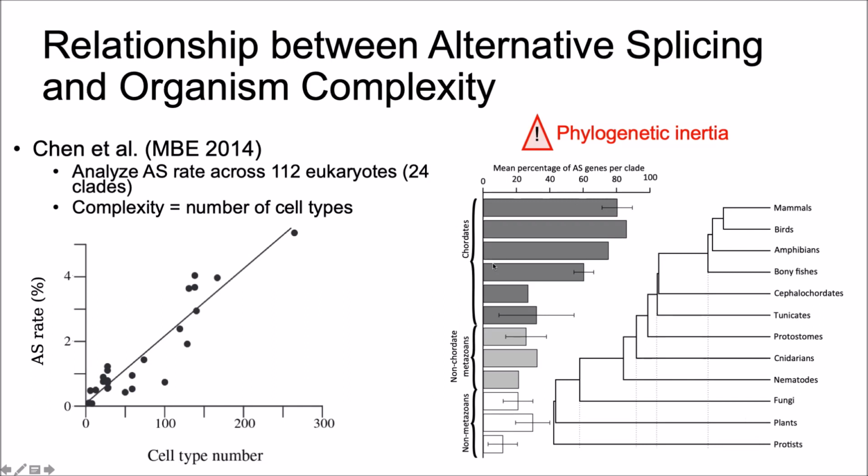What is plotted is the prevalence of alternative splicing in these different species. What you can see is that this nice correlation is essentially driven by the fact that vertebrates, which have a high diversity of cell types, also have a high rate of alternative splicing. So most of this correlation is driven by the fact that vertebrates have more alternative splicing than other eukaryotes.